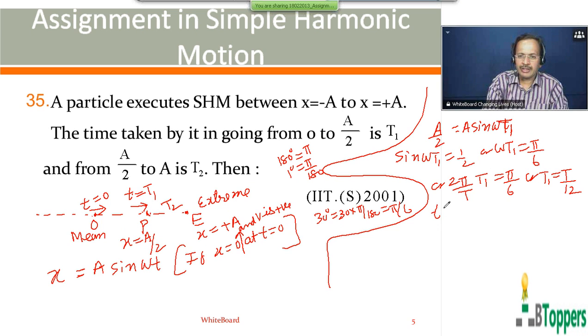So the time taken by the particle to move from x equal to 0 to x equal to plus a is the time taken to move from O to P, that is t1, plus the time taken to move from point P to E, t2.